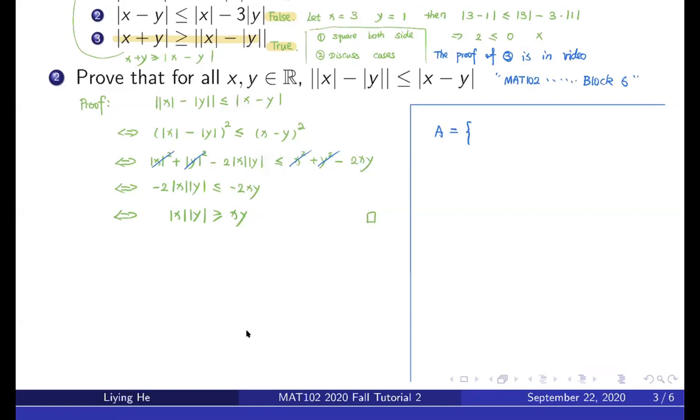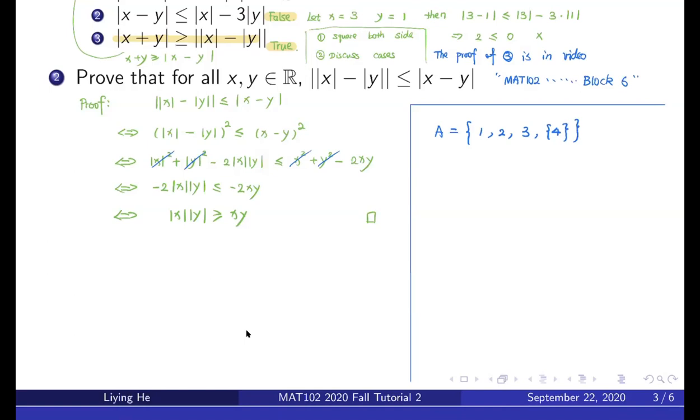Let's say 1, 2, 3, and I want to add something unusual. Let's add the set {4}, and let's say this is my set A.